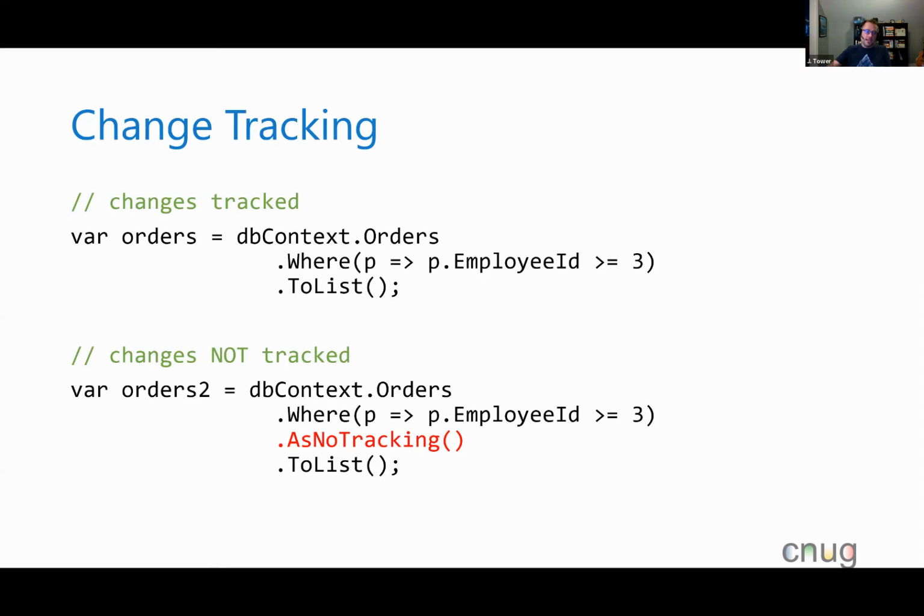So change tracking is really fantastic if you're doing the opposite of that, if you're not in a disconnected environment. Imagine a desktop application, for example, or maybe you're doing a large bulk update and you want to loop over a bunch of different objects that you might want to update, and you just want to track the ones that actually need to be changed over a large amount of potential changes.